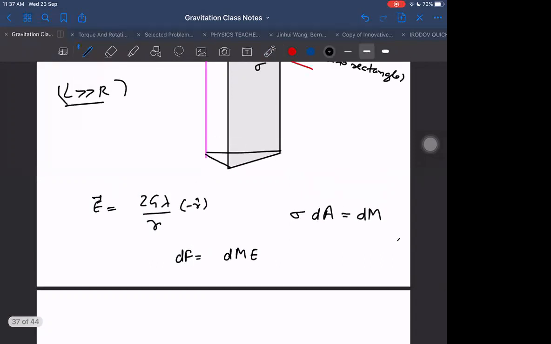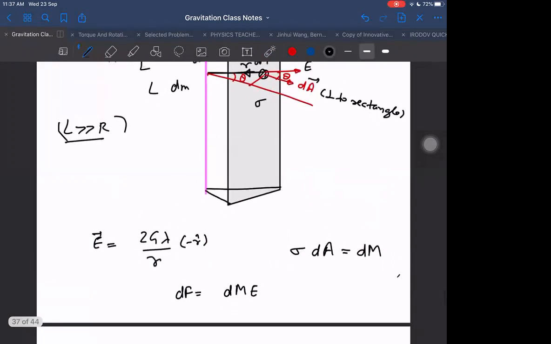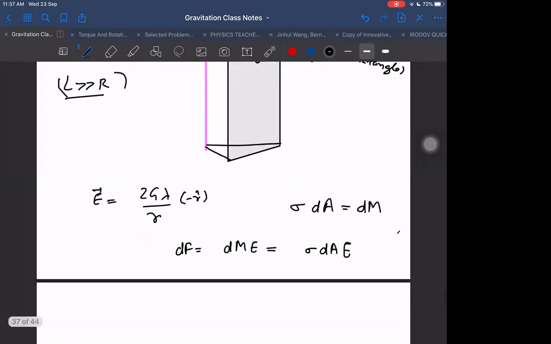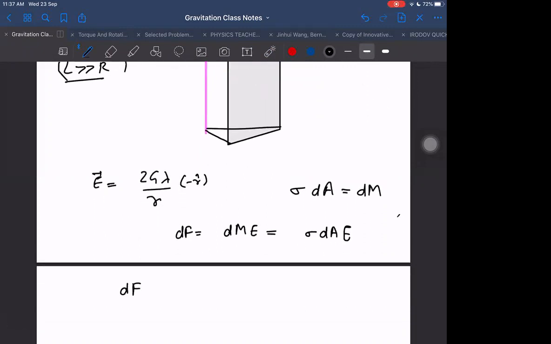Now, before integrating, let me write it properly first. Sigma into dA into E, but I don't want dF itself. I want dF perpendicular, because finally the net force will be along the perpendicular direction only.